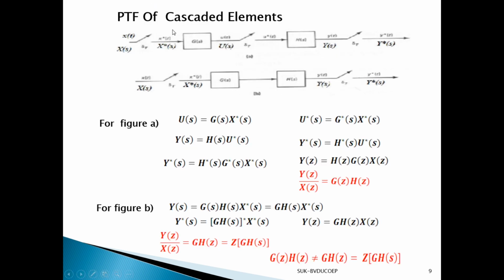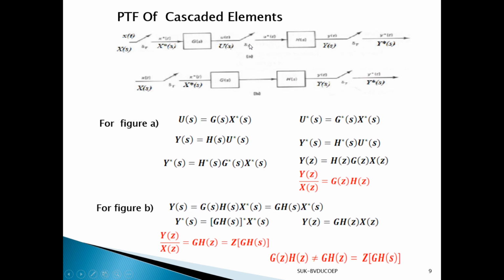So here, see, cascaded elements. Now what is this first diagram? There are two blocks in cascade, G and H, and there is one sampler in between. So this input is x(t), sampled, therefore this is x star(t). Then there is G(s), then you get, for figure A, U(s) is equal to G(s) into X star(s).